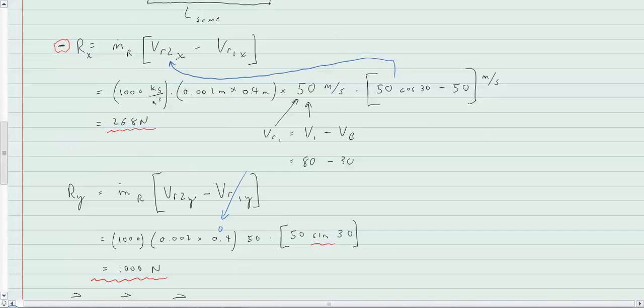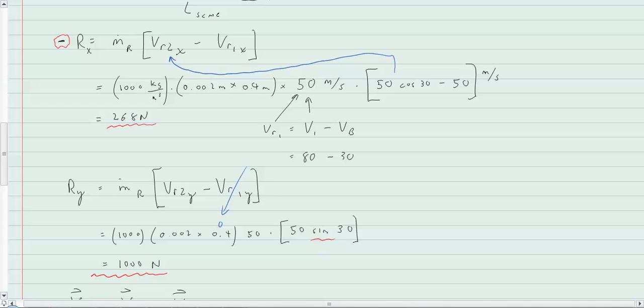We put in the numbers for mass flow rate: 1,000, 0.02 meters times 0.4 meters. That's the size of the nozzle or jet. This is the relative velocity, where V1 is the velocity of the jet exiting a fixed nozzle.